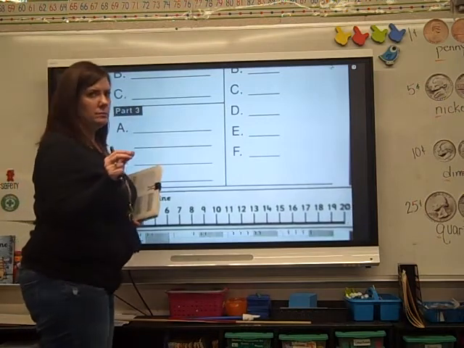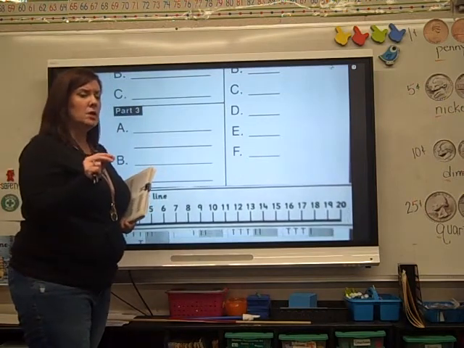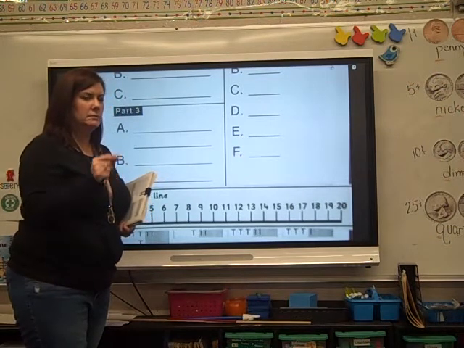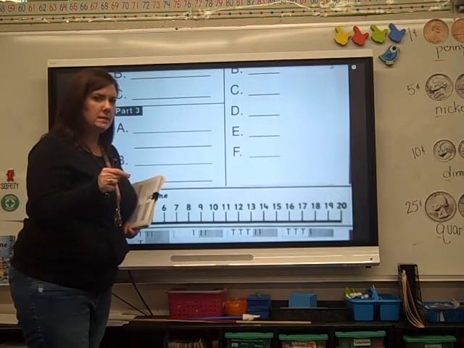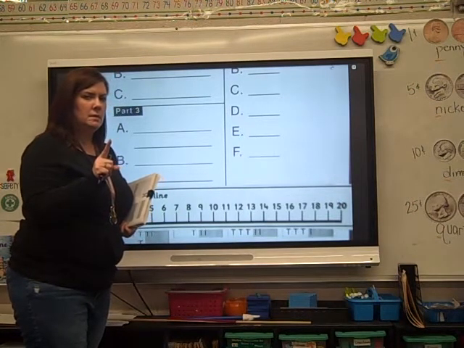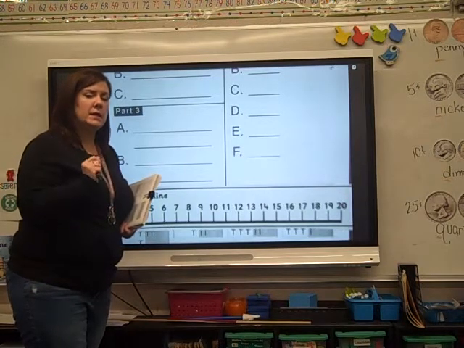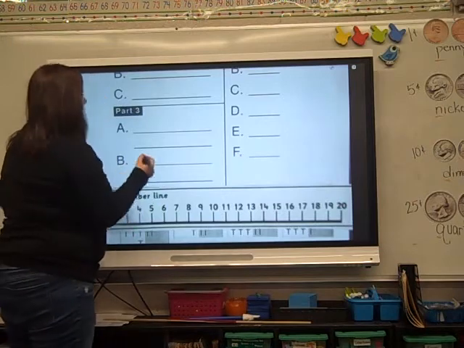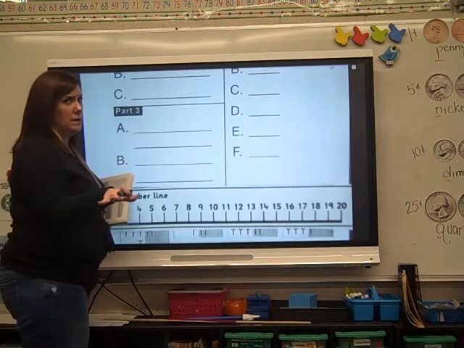Ready? Write it down. A bug starts at 6 on a number line. He pluses 1 place. What number does he end up on? Let's do it. Let's write it down. I hope you already have it written down.